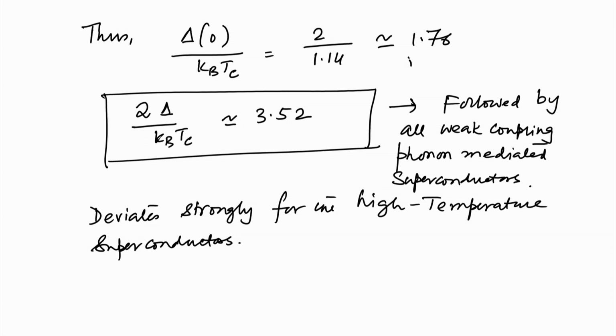There is very little consensus whether phonons are involved in the pairing mechanism, or there is something else involved. Also, this 2 delta by k T_c that we have found to be 3.52 is a much higher value there, maybe between 5 and 6, and these are not called weak coupling superconductors at all. These high temperature superconductors belong to a class of non weak coupling, rather strong coupling superconductors.